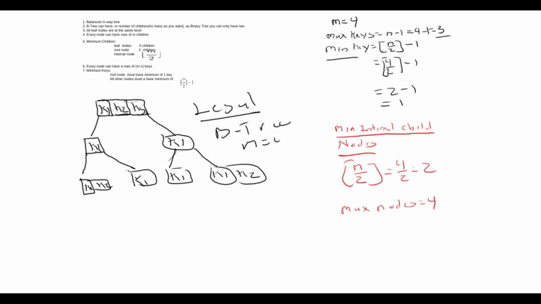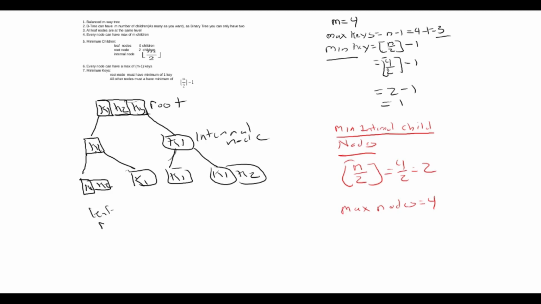Let's go over the definitions of a B tree here. This is the root. This is the internal node.